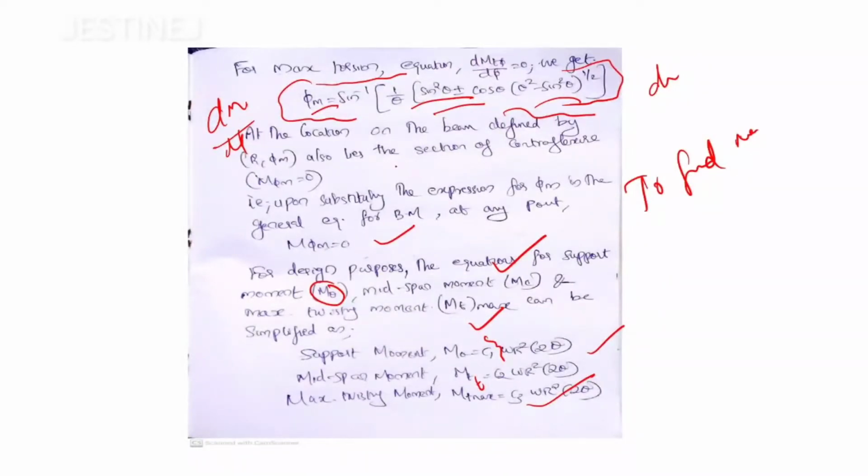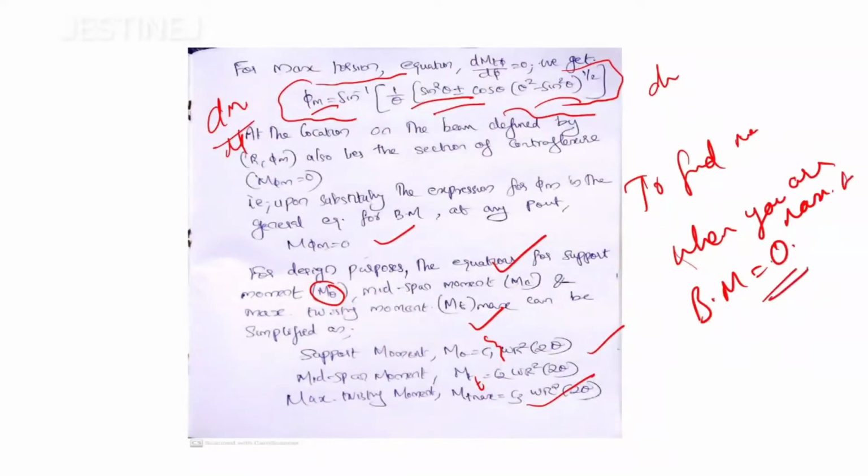And one more thing you can note down: when you are getting the maximum value for the torsional moment, the bending moment value is going to be 0. You can note down the support moment M theta, the midspan moment MC, and the maximum twisting moment MT max.